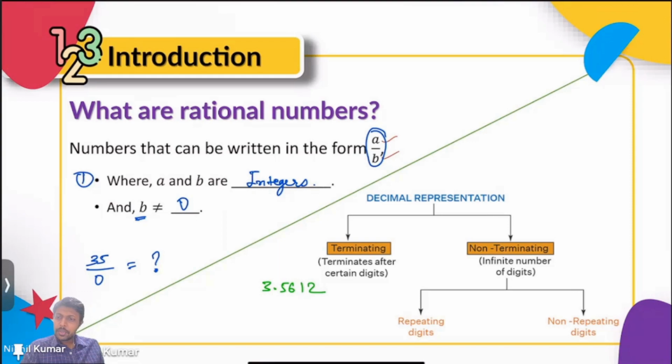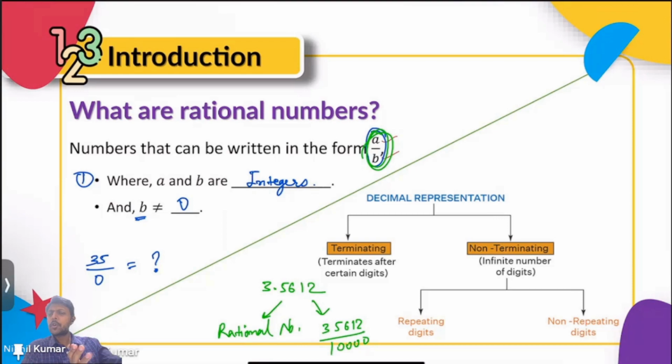As soon as you see a terminating decimal, you can claim that this must be a rational number. How? Because this number can be written as 35612 upon 1 followed by four zeros. So we can see it can be written in the form a upon b, so it's a rational number.